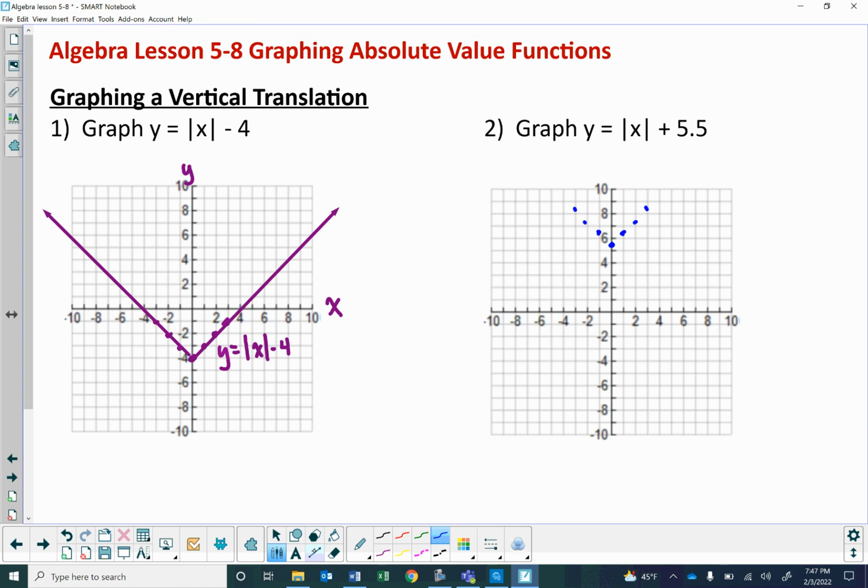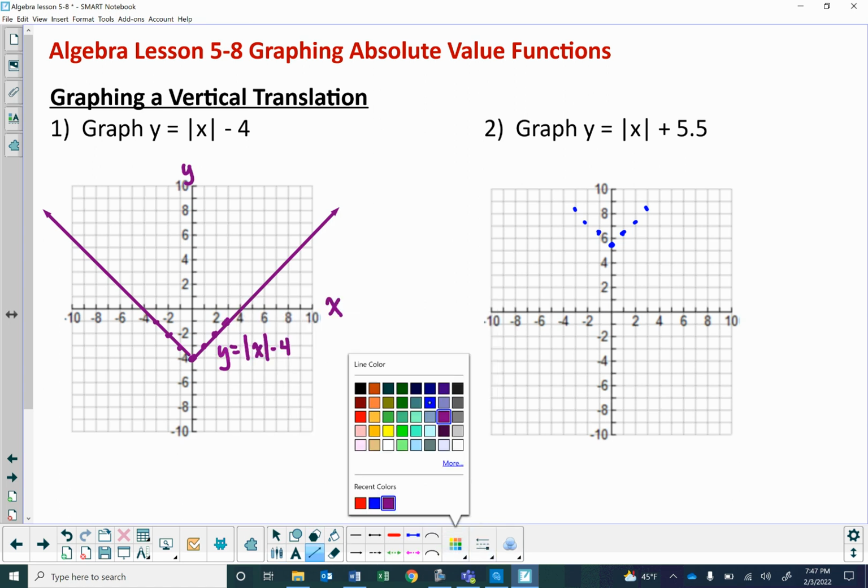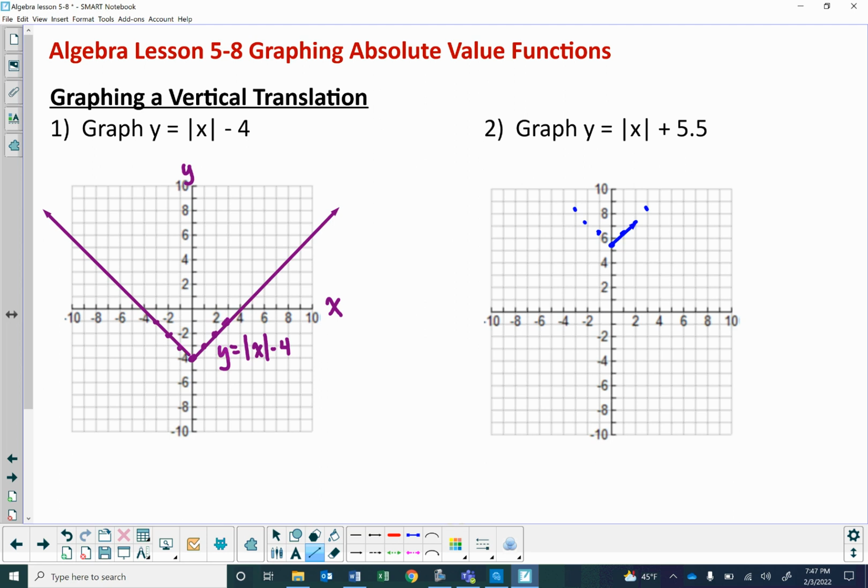And I'm going to draw my lovely little graphs. And they should be going through all the half points. Like so. And of course, you should label it y equals the absolute value of x plus 5.5.